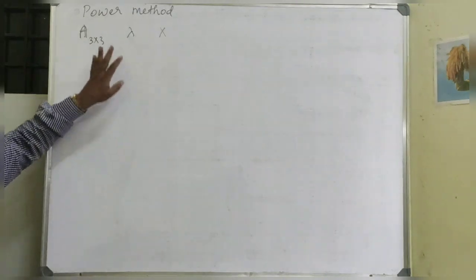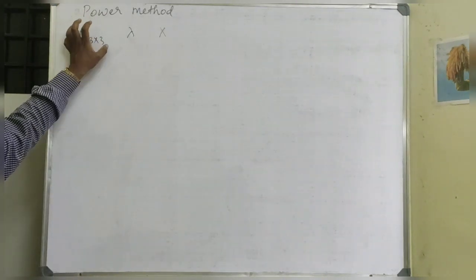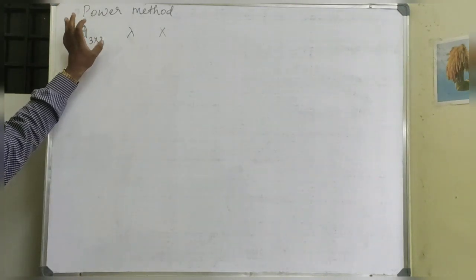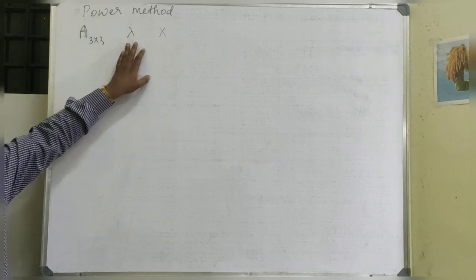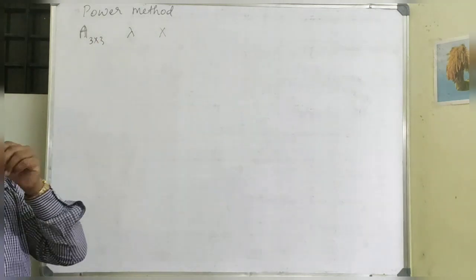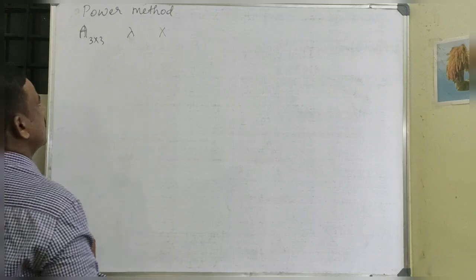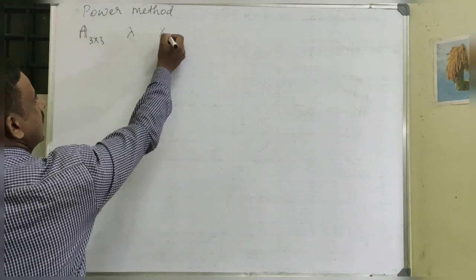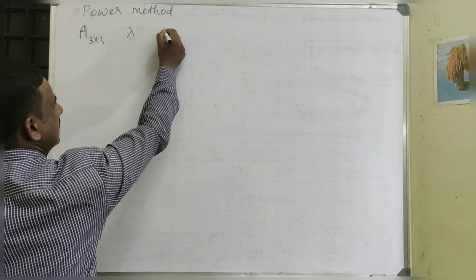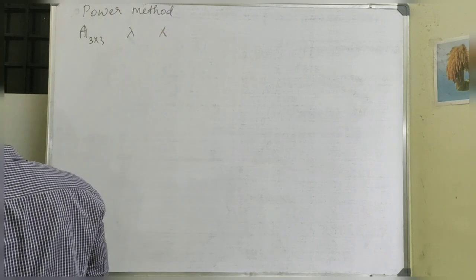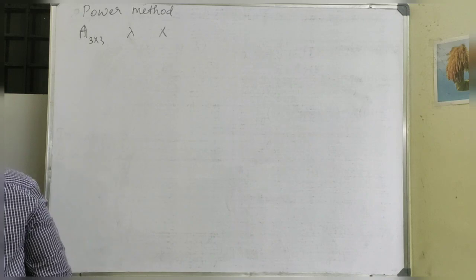So for the given 3 cross 3 real matrix, I have to find the largest eigenvalue and the corresponding eigenvector. The method to find this is, you have to choose an initial approximation for this eigenvector. That initial approximation will be denoted by x0.